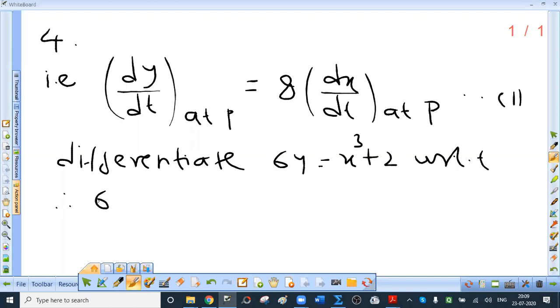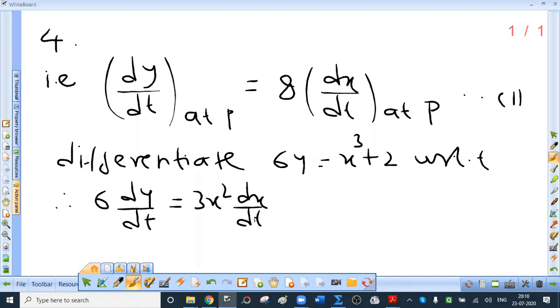Therefore 6, what is derivative of y with respect to t? dy/dt. Now what is derivative of x cube? It is 3x square followed by dx/dt. What is derivative of 2? Derivative of 2 is nothing but 0, it being constant. Okay.